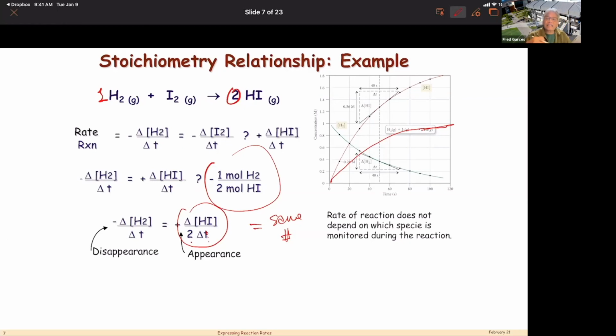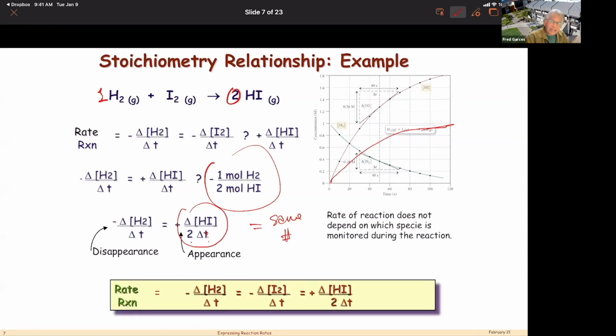Again, we're normalizing it. We're making it equal to each other so we can put it in a mathematical relationship. And the balanced equation gives you that relationship. Use the balanced equation for that.